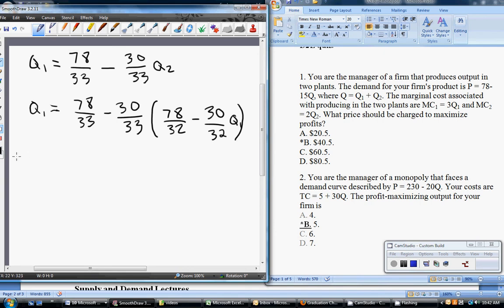Simplifying this mess, we're going to get something that looks like this. I'm going to put everything on common denominators here.